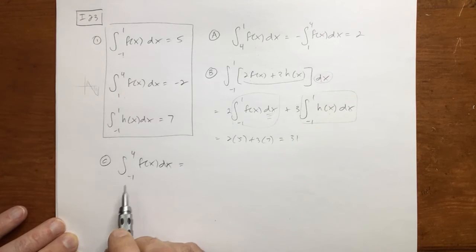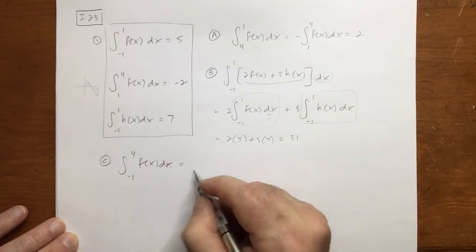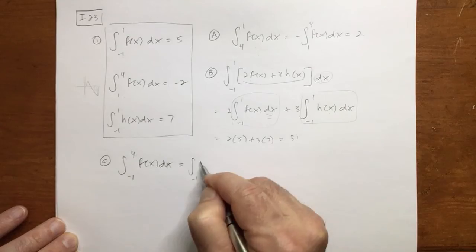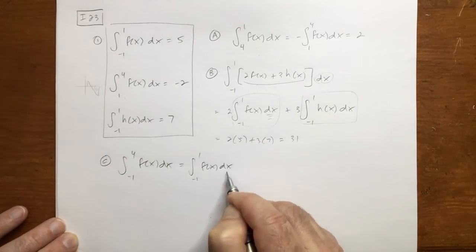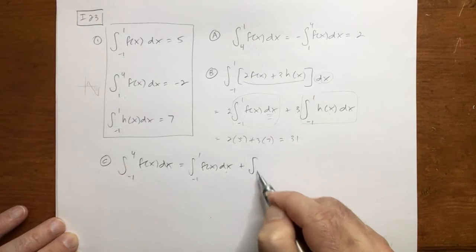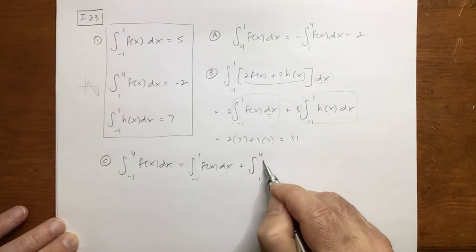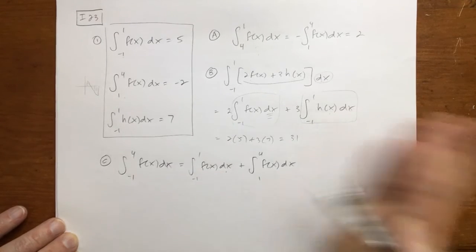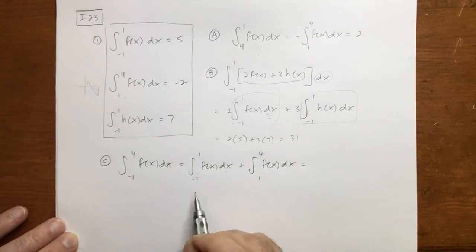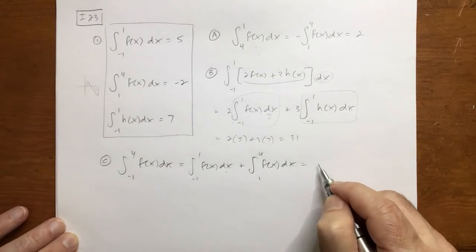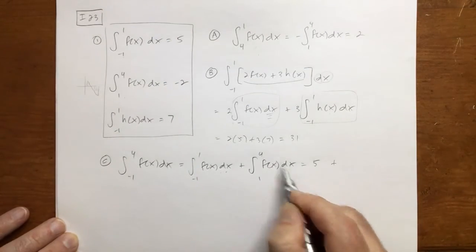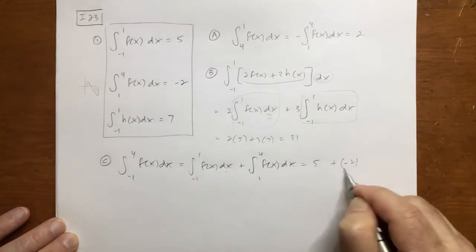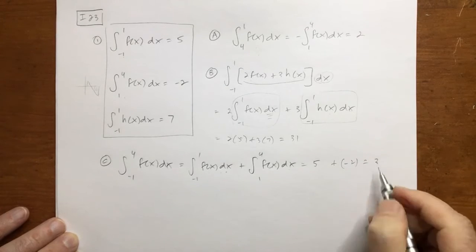Okay, and I know that I can split this up into its 2 parts from -1 to 1, and note that I'll write that each time, and then from 1 to 4. And then I can just add those together. And so this one I have is 5, this one -2, and so my answer is 3.